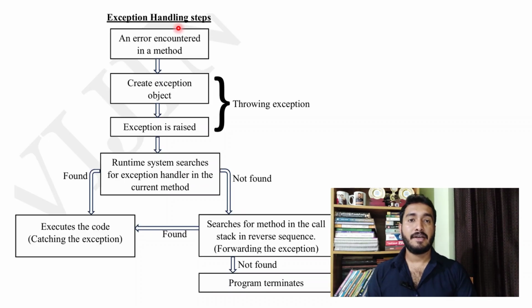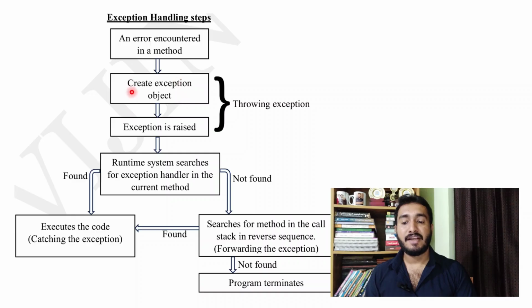So look at the diagram. Initially, an error is encountered in a method. When the error is encountered in a method, what happens? The Python interpreter will create an object. What is that object called? Exception object. That contains the type of the exception, name of the file, and position of the exception.